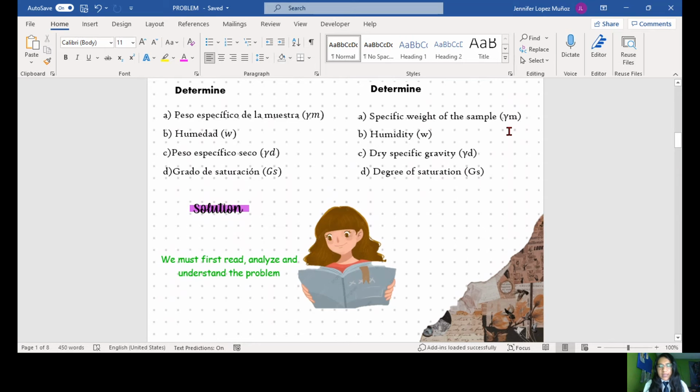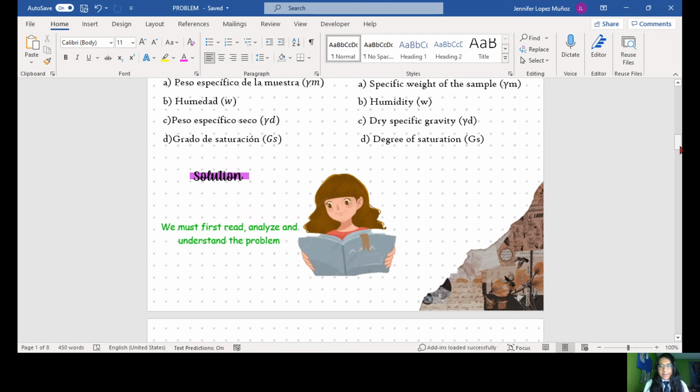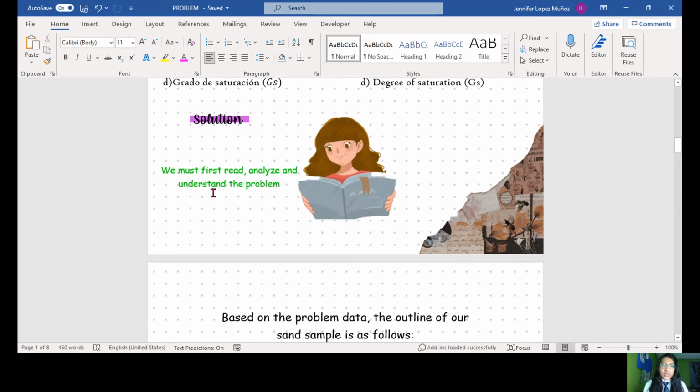The gamma with letter M corresponds to the specific weight of the sample. Humidity corresponds to letter W. Dry specific gravity corresponds to gamma with letter D. And degree of saturation corresponds to letter G with letter S. And let's start the solution.